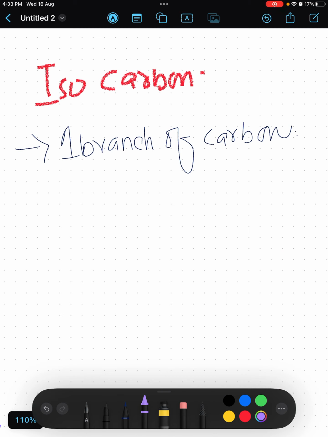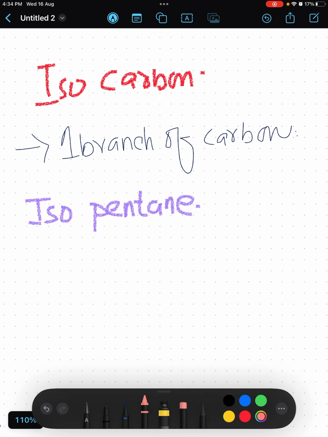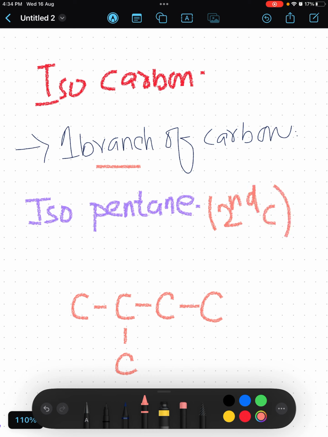Consider that if I ask you to make isopentane, it means that in isopentane, in the chain there will be 4 carbons, because one branch of carbon means you will subtract 1 carbon from the chain and make a branch of it on the second carbon. This is known as isopentane.